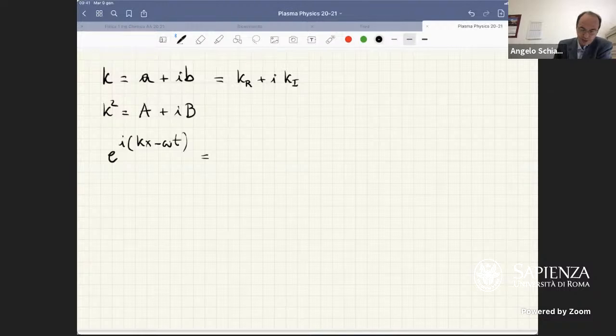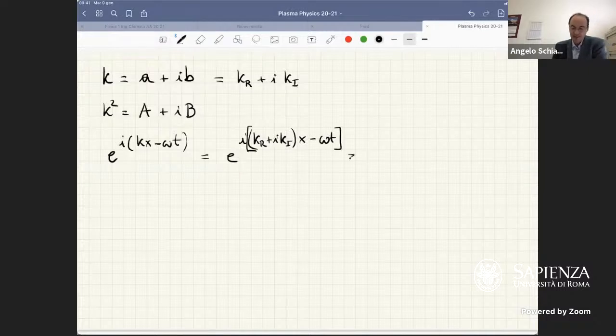So we express this as i times [k real plus i k_I] times x minus omega t. And we can split the real and imaginary part.